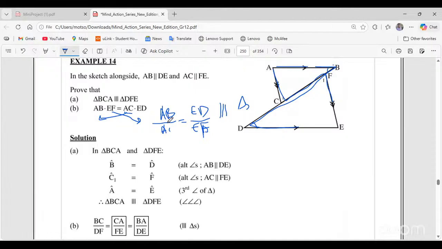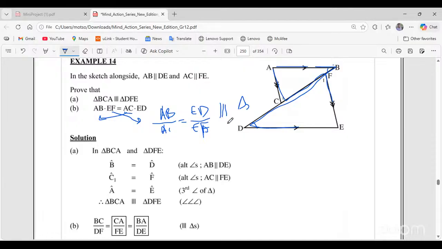Of course, there is AB and AC here, ED, and then there is EF. On the previous question, we have proved that these triangles are similar. Therefore, this ratio is coming from the similar triangles, right?